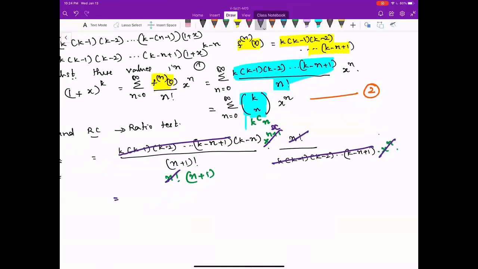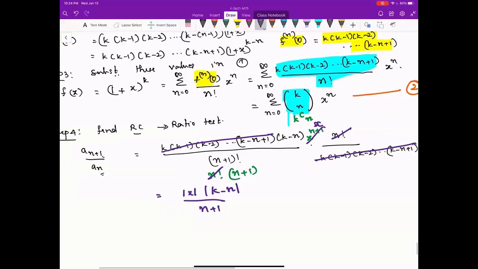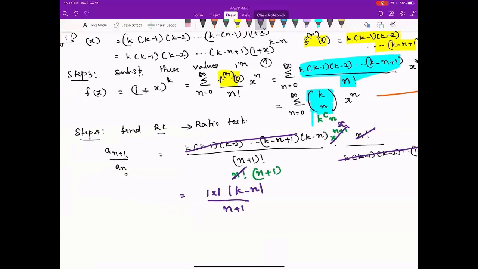So you are left with absolute x times absolute k minus n, divided by n plus 1. This is all with absolute sign here.